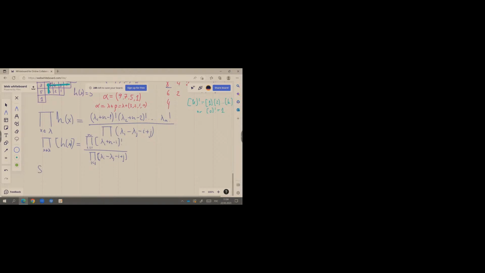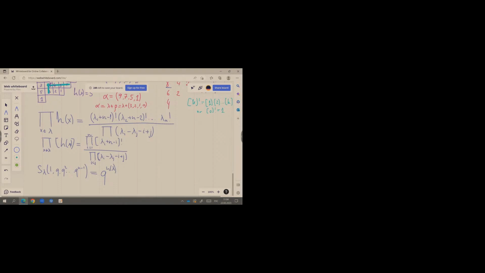So we can say that this is lambda of 1, q squared, etc., q to the power n minus 1, is q to the power n of lambda.